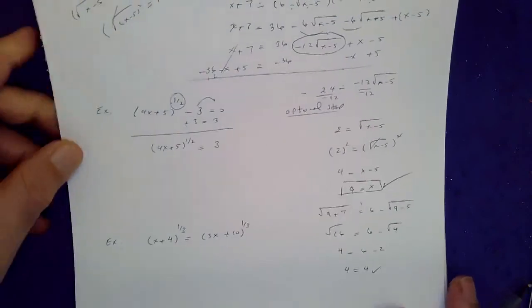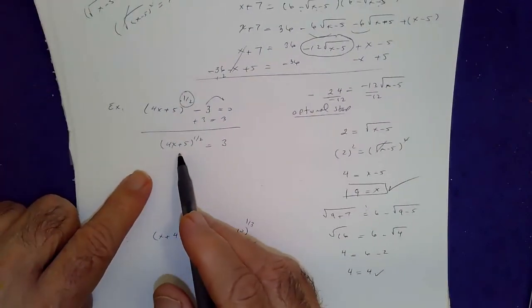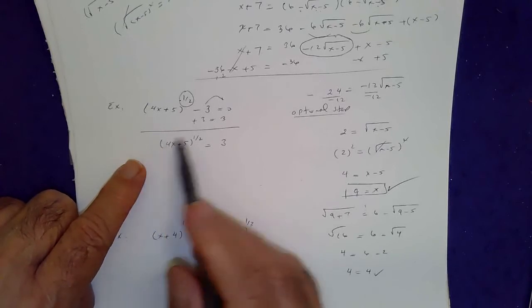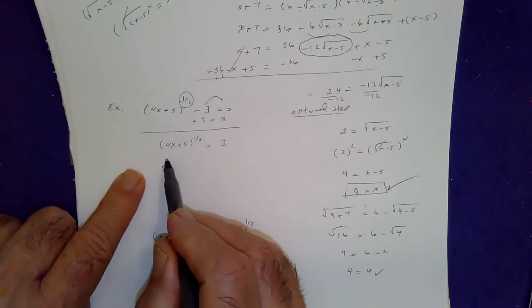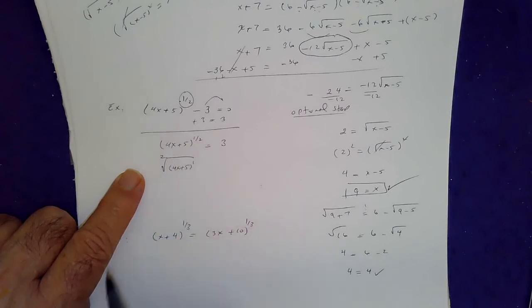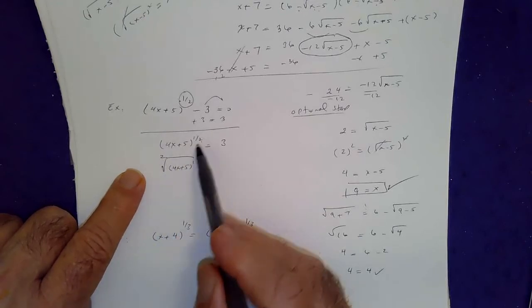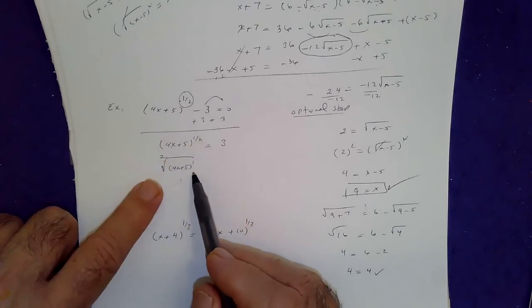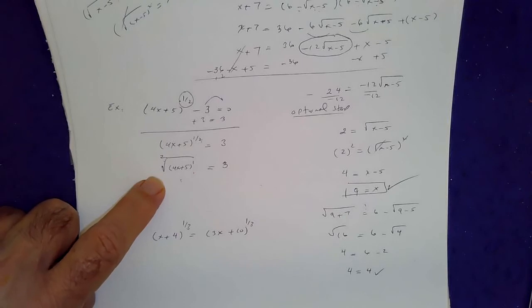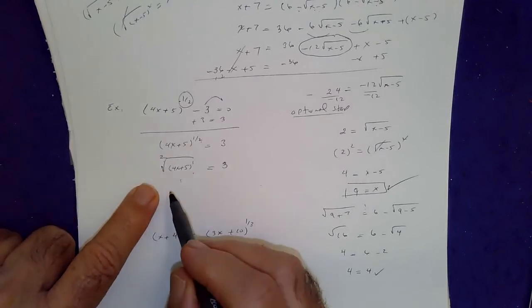But you and I both know from section 7.1 that you can convert the exponents back to radicals and vice versa. This is exactly the square root of 4x plus 5 to the power of 1. Notice 2 is the index, 1 is the power of the radicand, so this is indeed an equation with a radical in it.